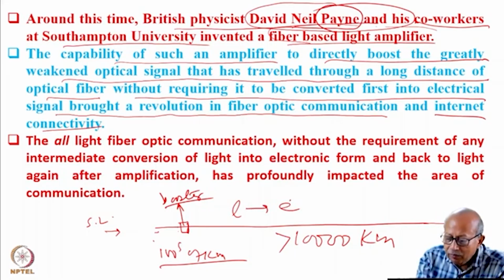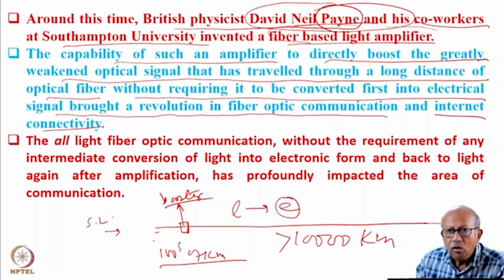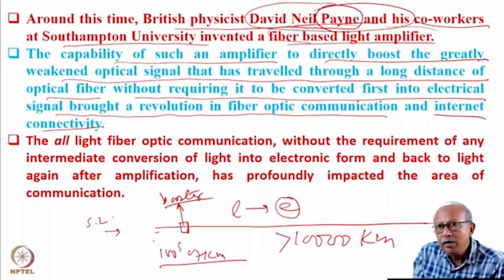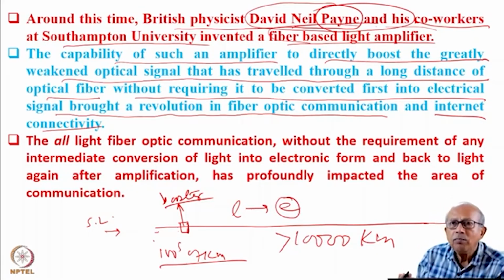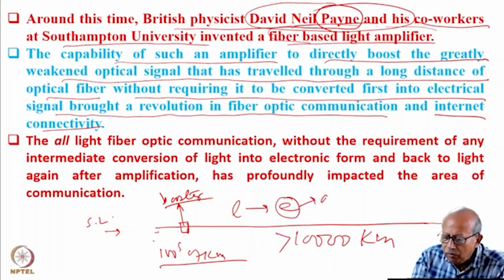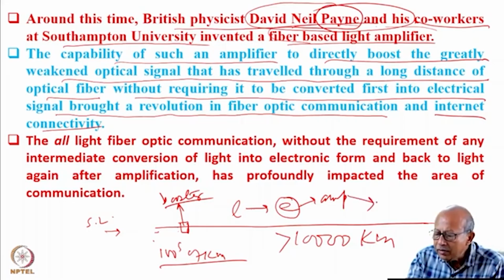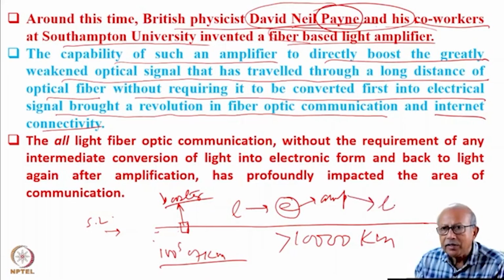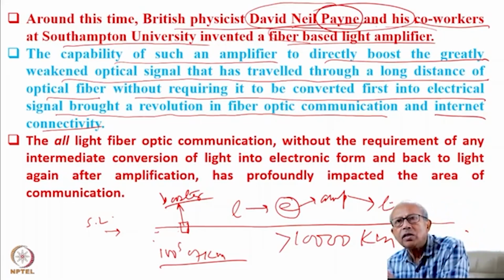And then this electrical signal would be amplified very easily in a standard electronic amplifier. After amplification, it is then converted back into light. And then this light would travel to the next stage.